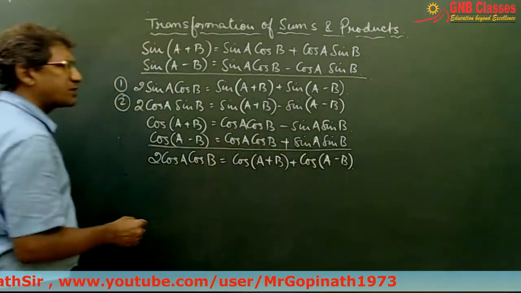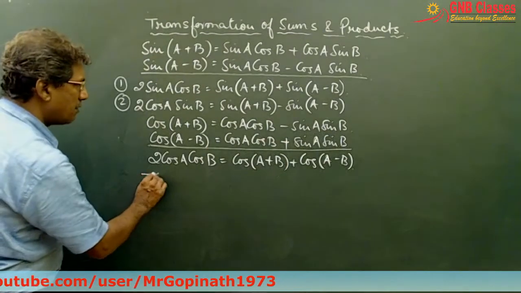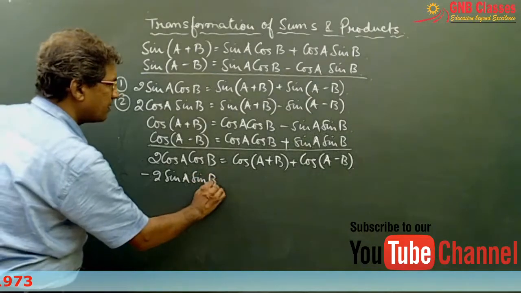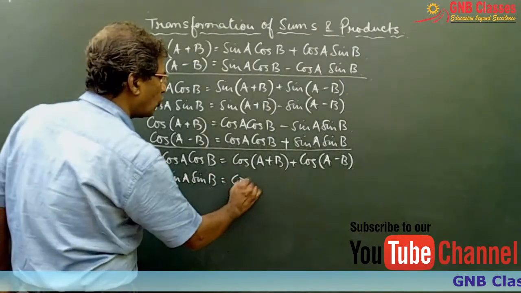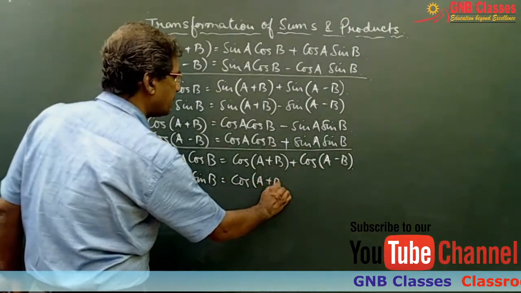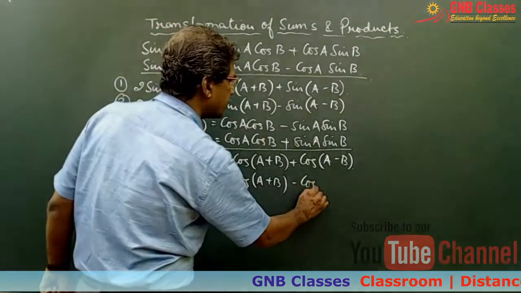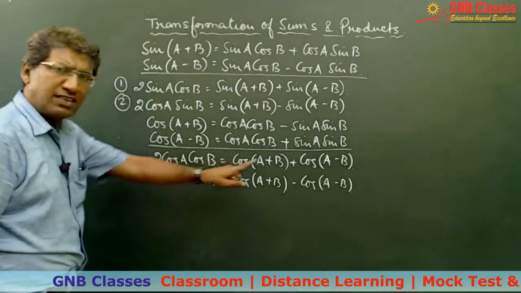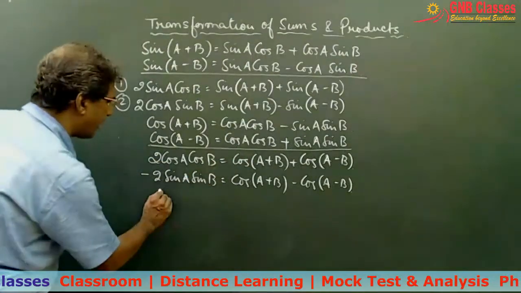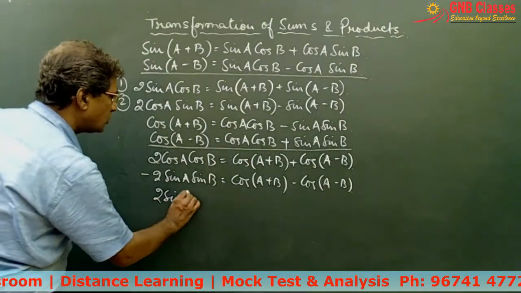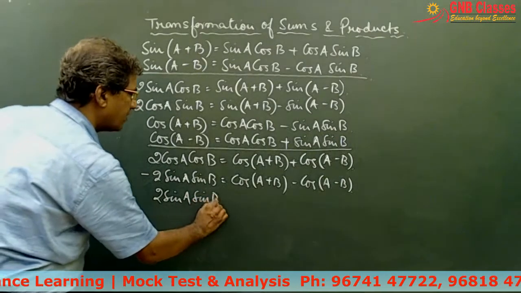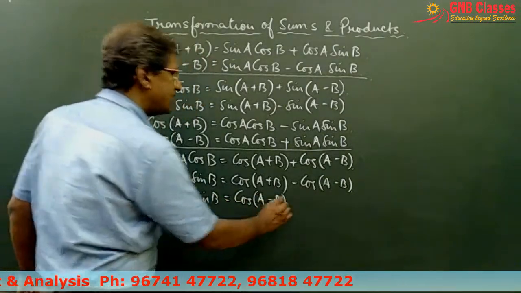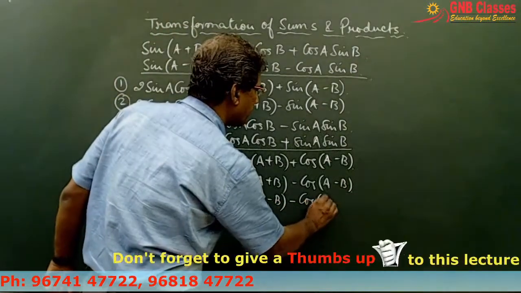And if we subtract, we are going to get minus 2 sine A sine B is nothing but cos A plus B minus cos A minus B. Okay? Now if we multiply with this minus sign both sides, we are going to get 2 sine A sine B is cos A minus B minus cos A plus B.